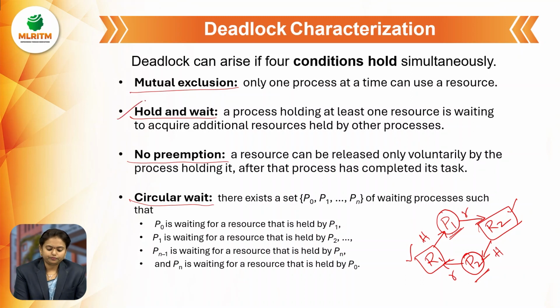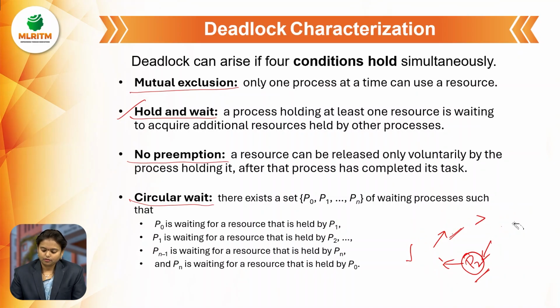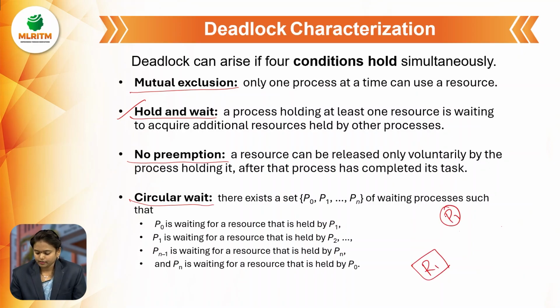And next, hold and wait. Let me write again. So, hold and wait. A process holding at least one resource and is waiting to acquire additional resource held by some other process.